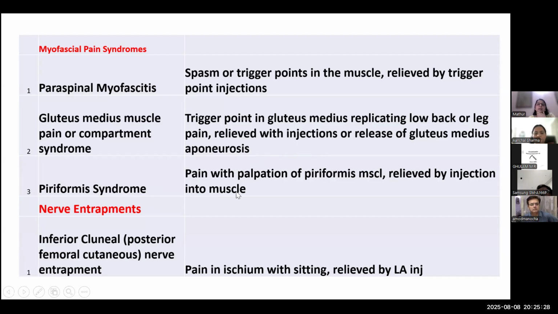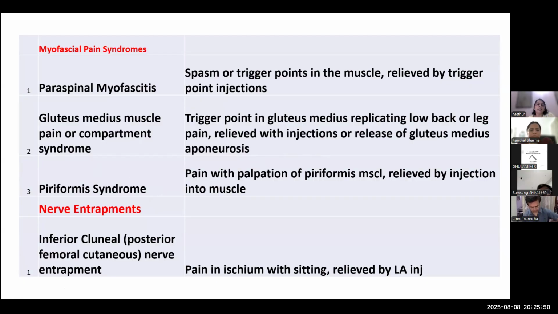Piriformis syndrome, in which there will be pain with palpation of the piriformis muscle, relieved by giving local anesthetic into the muscle. These are a few of the important myofascial pain syndromes which we need to rule out when we have pain quite similar to the middle cluneal nerve entrapment pains.